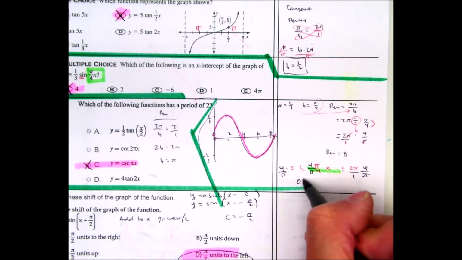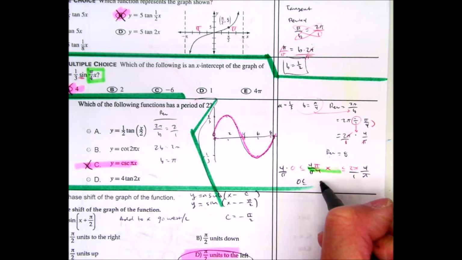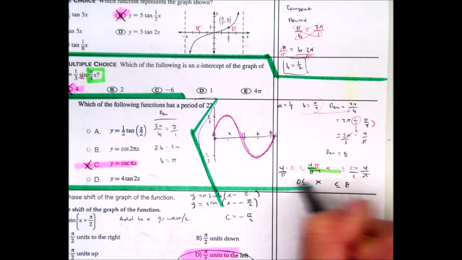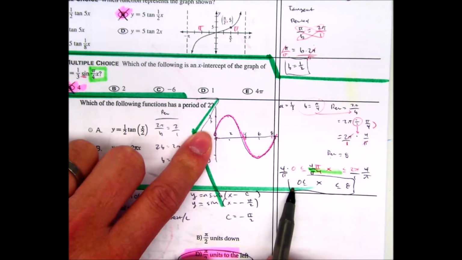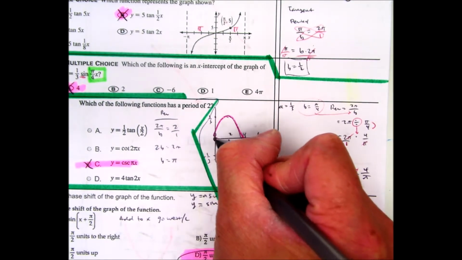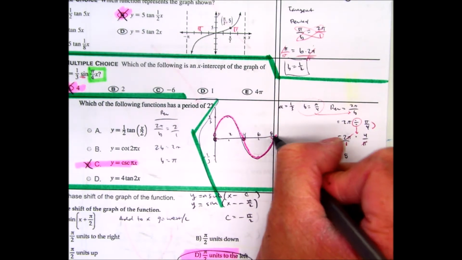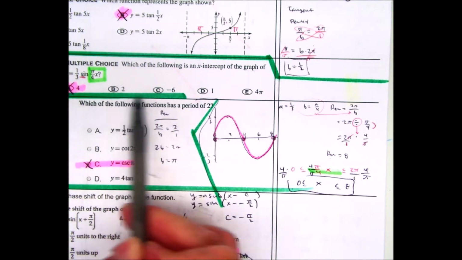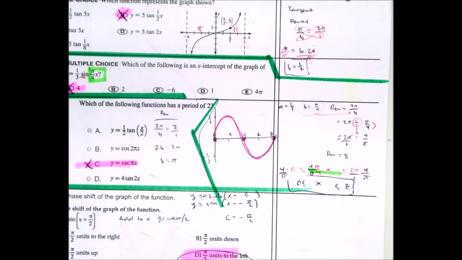And you'll recognize you'll get between 0 and 8. And that's why I started at 0 to 8. So here are my x-intercepts, 0, pi, 4, and 8. And of those options, only A is the correct answer.